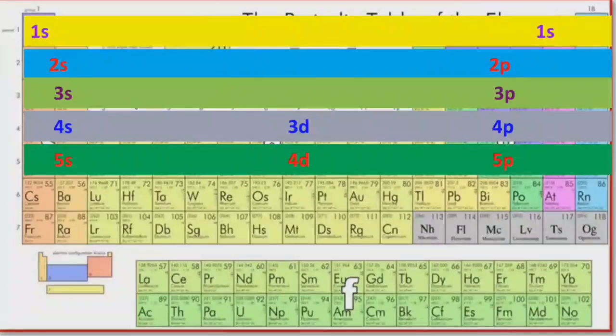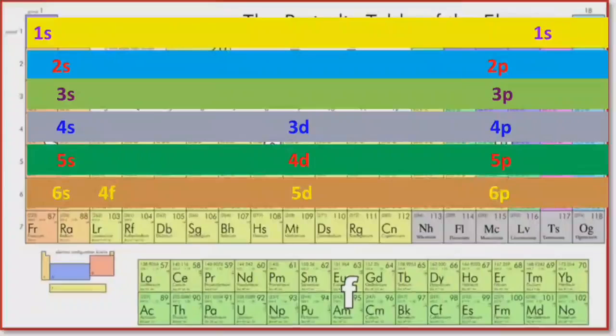From lanthanum to ytterbium, the 4f orbital is filled up. From lutetium to mercury, the 5d orbital is filled up. From thallium to radon, the 6p orbital is filled up. So in the sixth period, 6s, 4f, 5d and 6p orbitals are filled up.